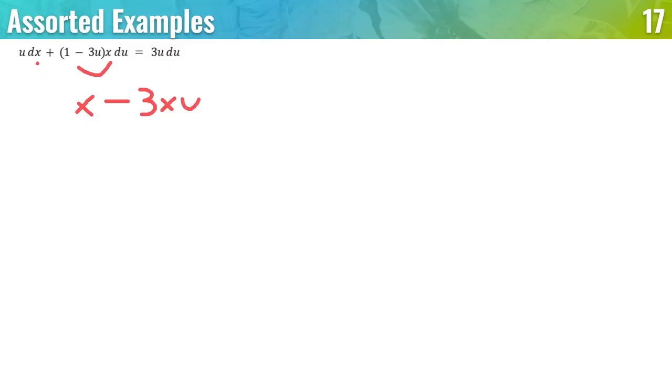So the exponents of this will be 1, 1, 2, and then 1 for the 3u. So it's not homogeneous. So what can we do now? Let's try exact. So we rewrite this as ux.